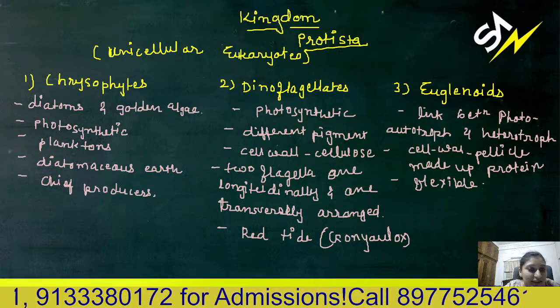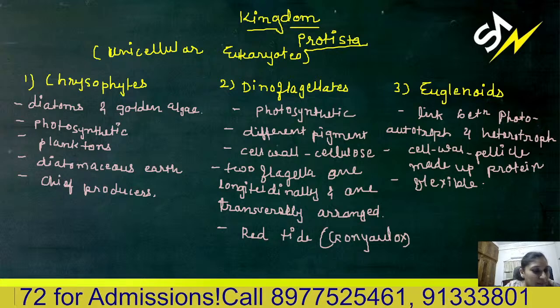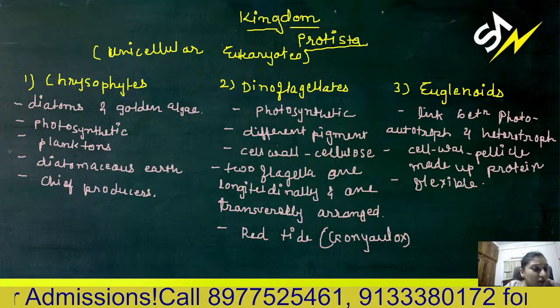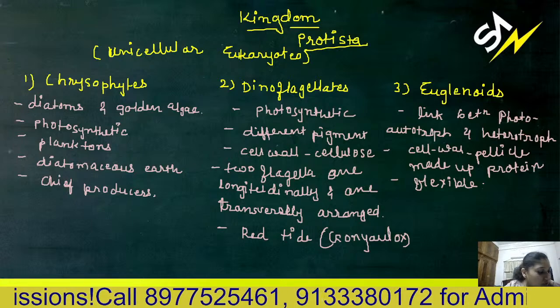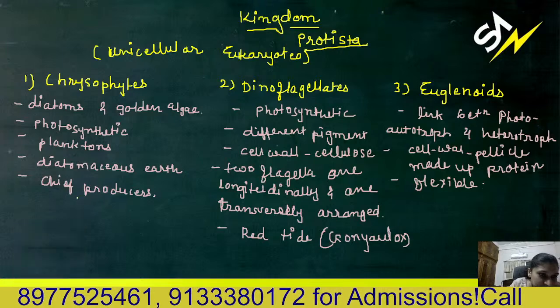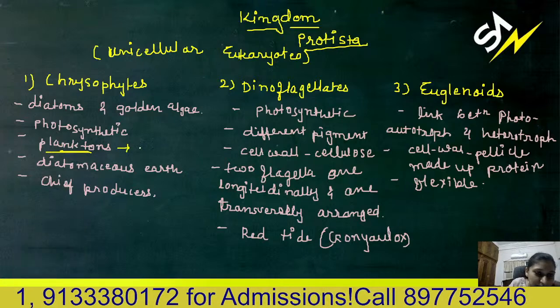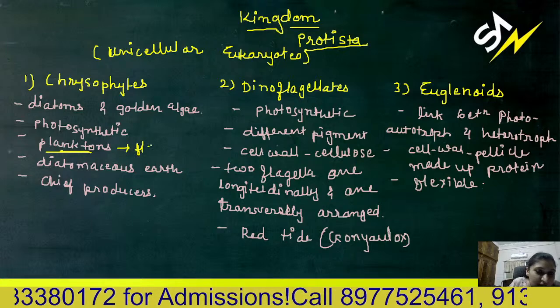Chrysophytes are photosynthetic, that means they can carry out photosynthesis. They are also known as phytoplanktons. What is the meaning of plankton, guys? Can anyone tell me? That means floating. They can float.